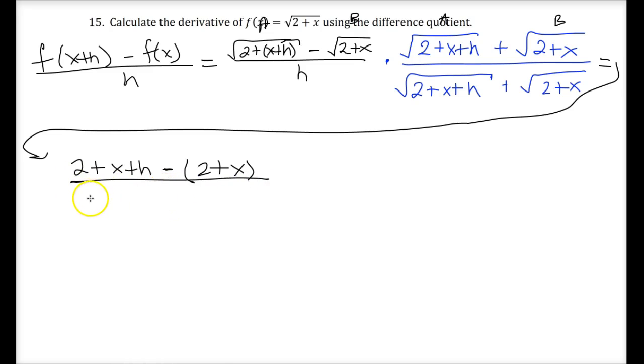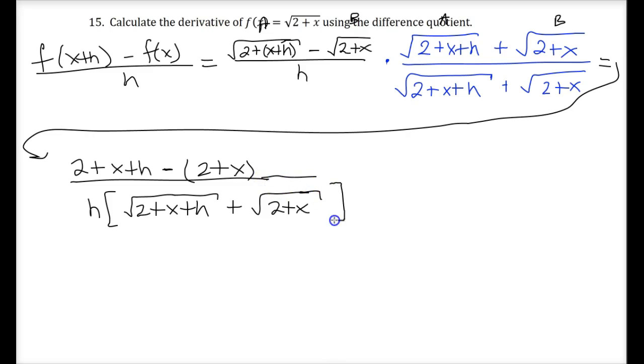And so all of that will be over h times, and then we're going to write all this here. We'll close off with that.